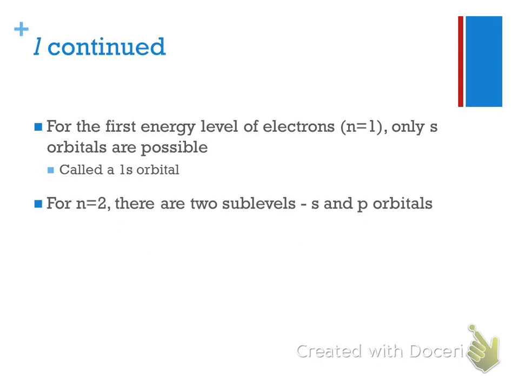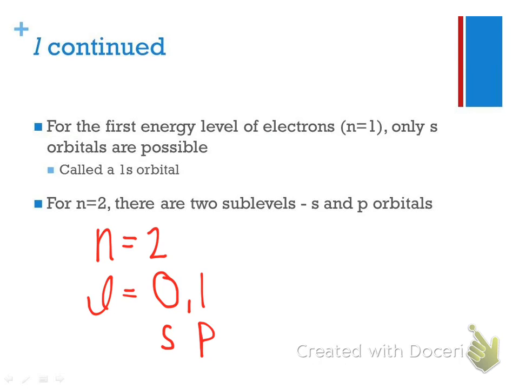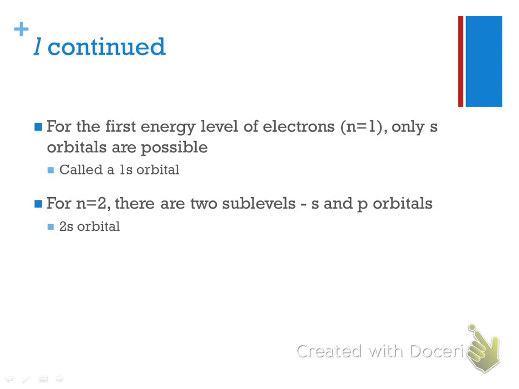For n equals 2, we've got two different sublevels we could be at. So what are our L values for n equals 2? If n equals 2, L has to equal what? 0 or 1, which corresponds with both s and p orbitals. So for these, we would call them 2s orbital and 2p orbital.